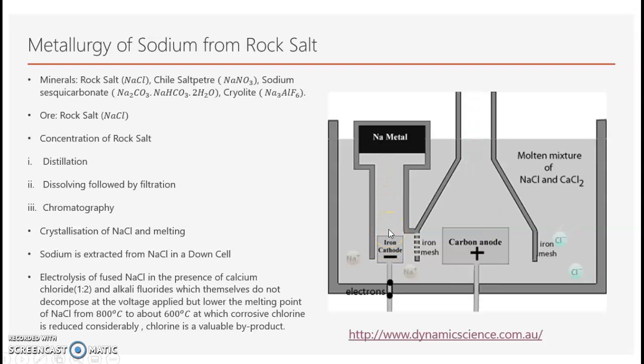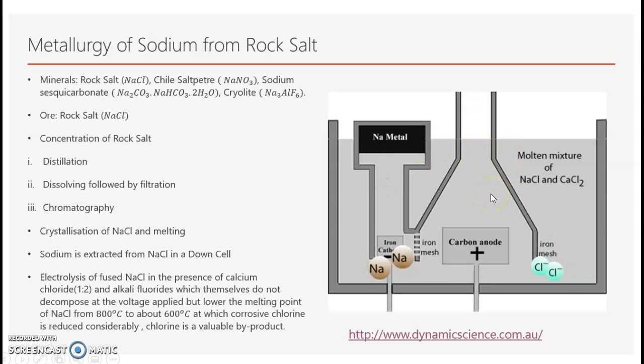Sodium ions, Na+ ions, get reduced at the iron cathode, and the sodium metal rises in the molten mixture and is collected in a watertight container. Here this is the container where the molten sodium metal rises and is collected.